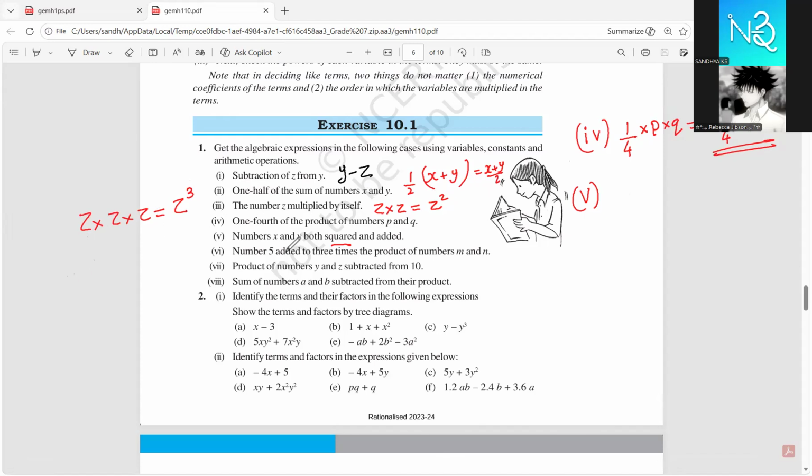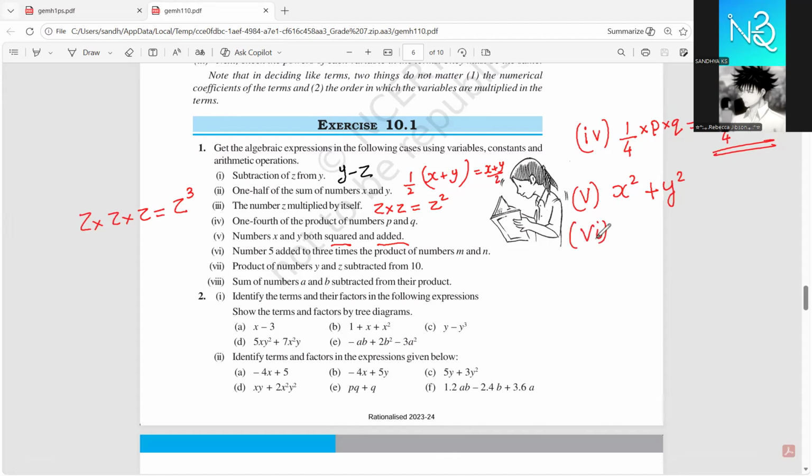So x and y both squared means x squared, this is called x squared, and y also squared. And what is happening between them? We are adding. So x squared plus y squared. This is the meaning: numbers x and y both squared and added. Clear? Yes. Do you know what squared is?